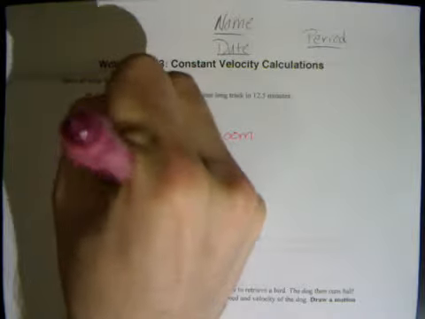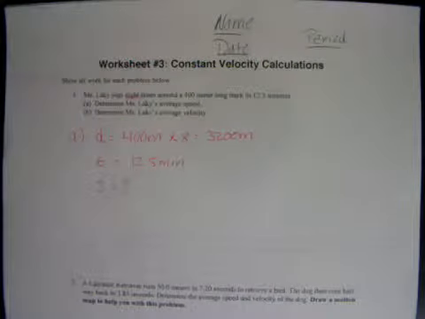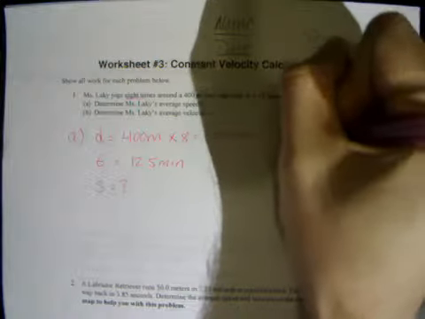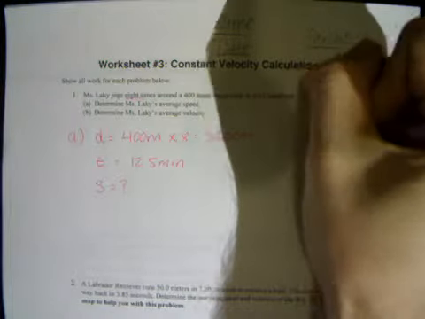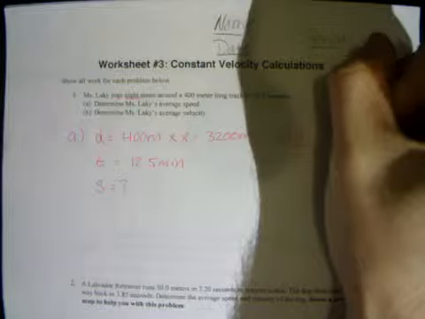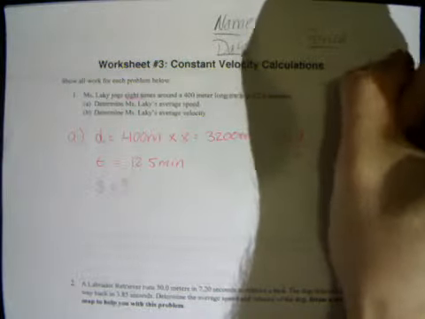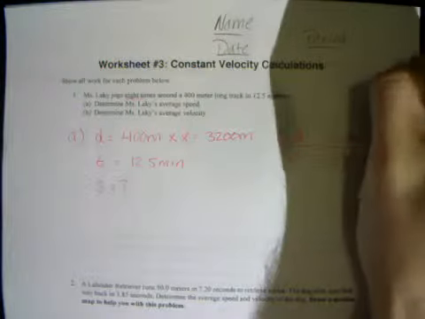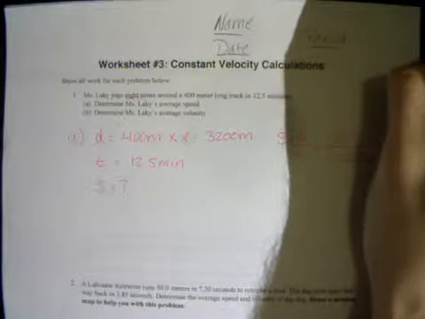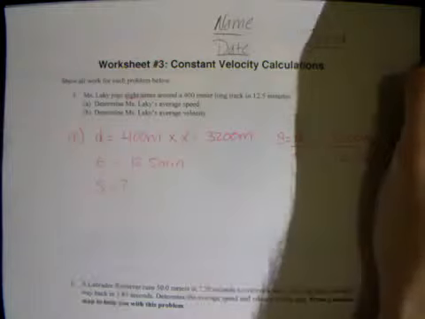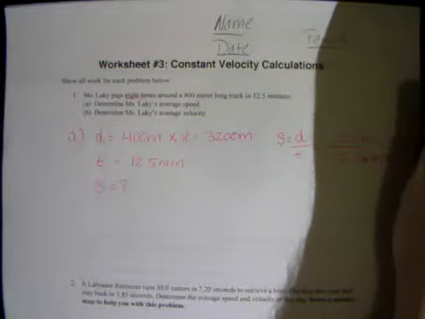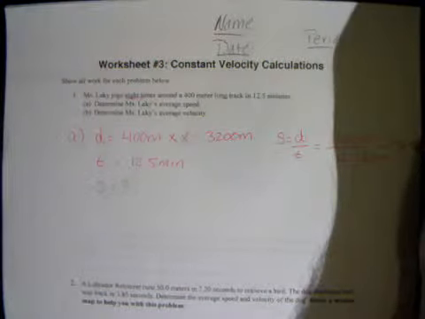And then we're asked the average speed. So speed is linear. So then we know our equation is speed equals total distance over time, and that is simply plugging in 3,200 meters over 12.5 seconds, or sorry, minutes, equals 256 meters per minute.